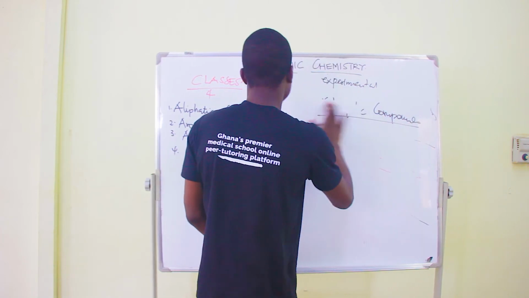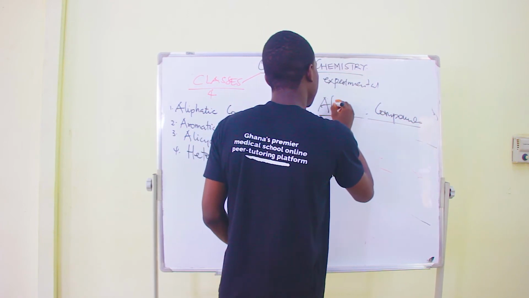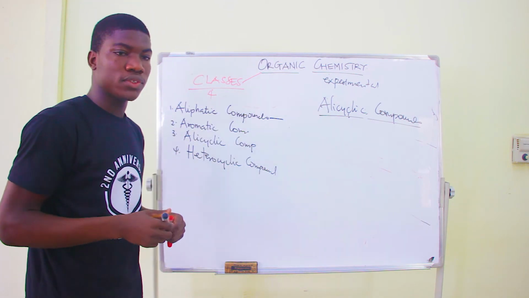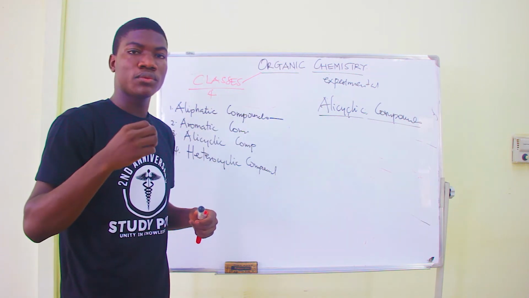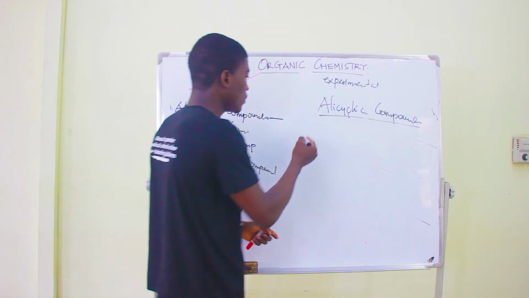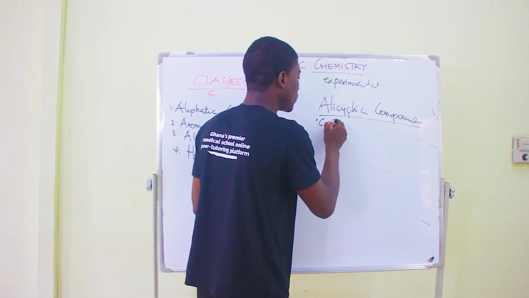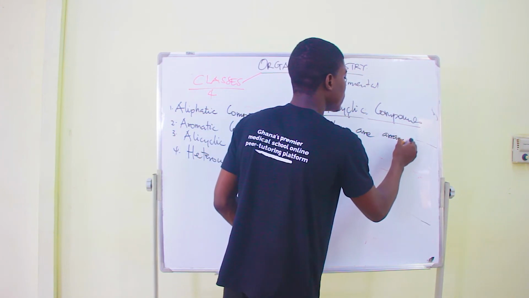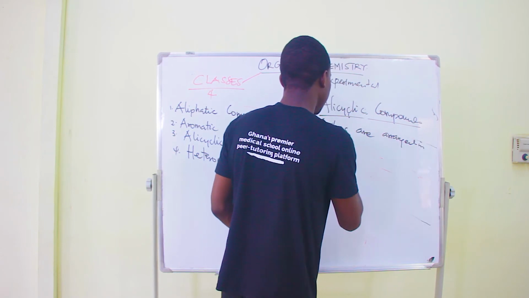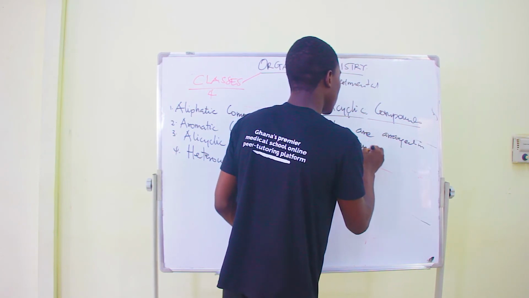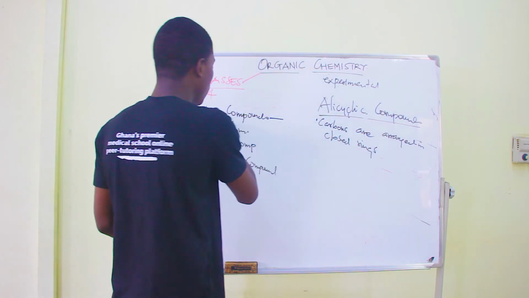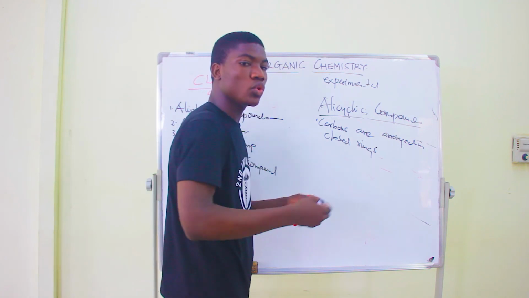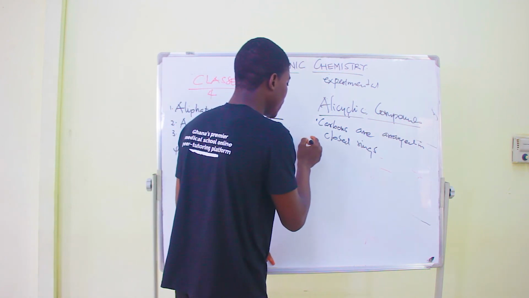Alicyclic compounds contain carbon atoms arranged in closed rings. We said that aliphatic compounds are arranged in open chains, and these ones are arranged in closed rings. Let's look at an example.